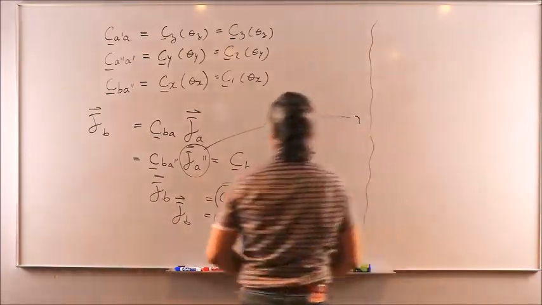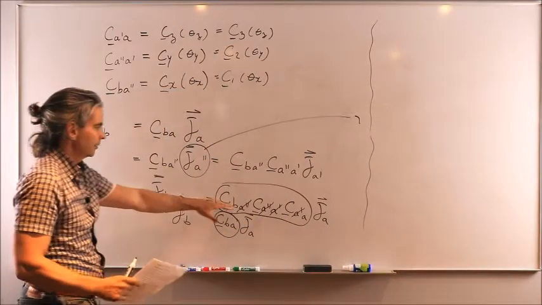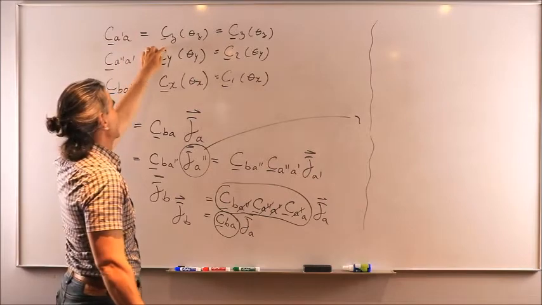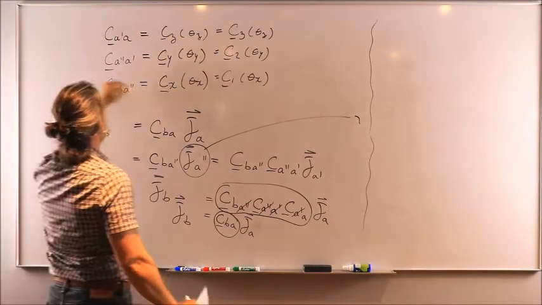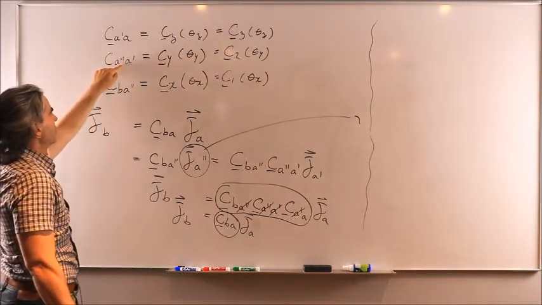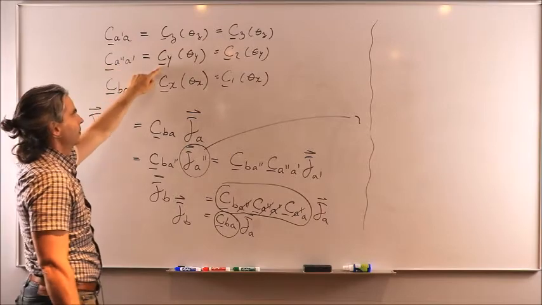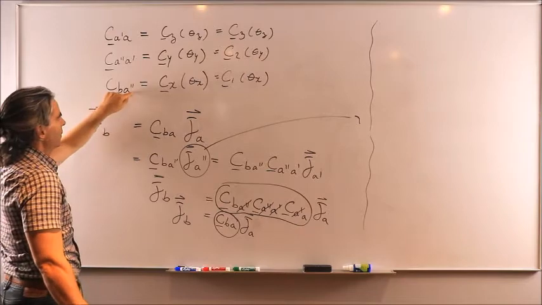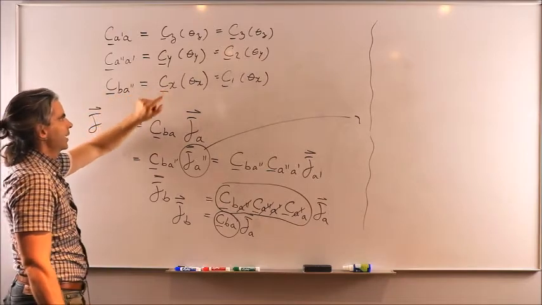As per our sequence, we know exactly what each of these is equal to. C A prime A is our CZ, or C3, same thing. C A double prime A prime is our CY, or C2. And finally, our C B A double prime was equal to our CX, or our C1.